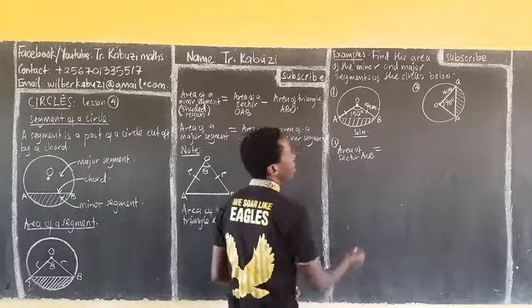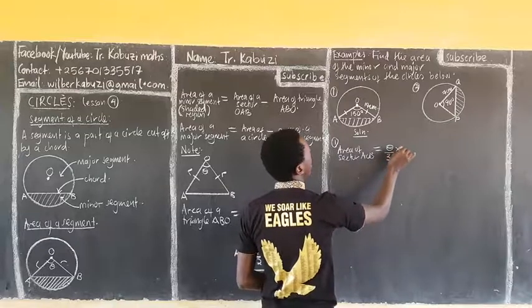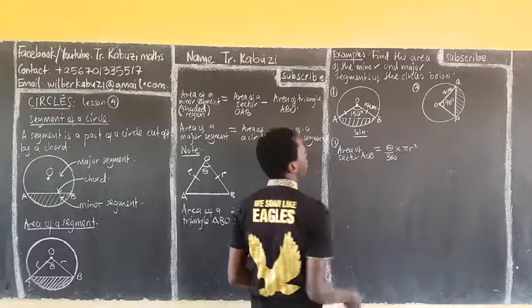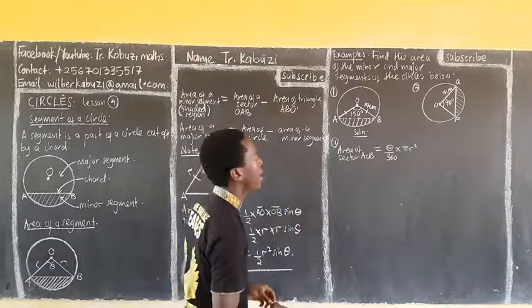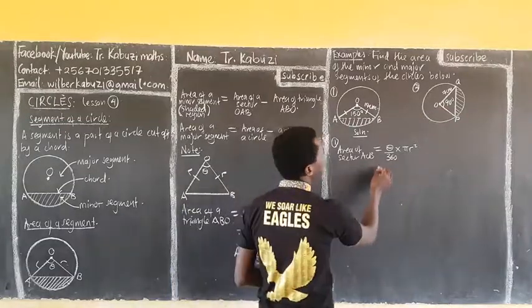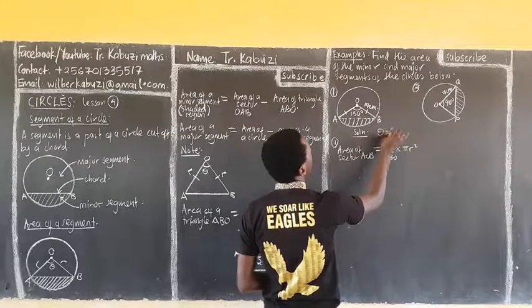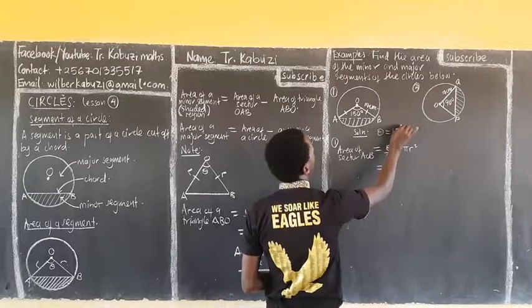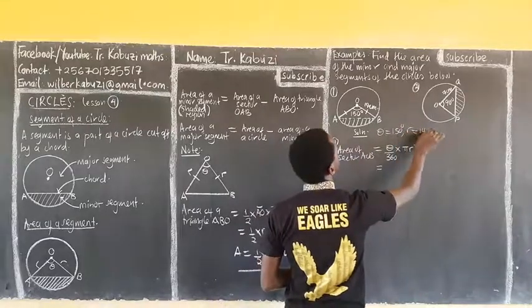Area of the sector is given by theta over 360, then times pi r squared. From the previous lesson, I think those who were around, you know how I'm coming about with this formula. So now, from here, our theta is 150 degrees, and our radius is 14 centimeters.